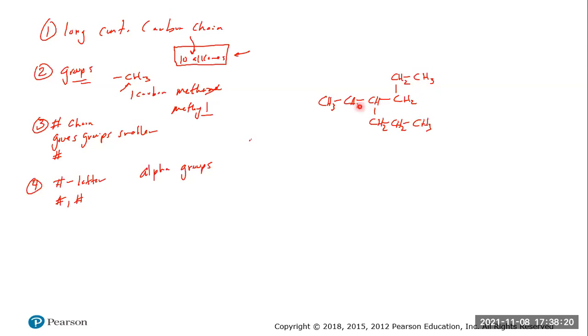As we talked about, you do want to try all of your options there. This would be our longest carbon chain of 7, which gives us the base of the name, heptane.